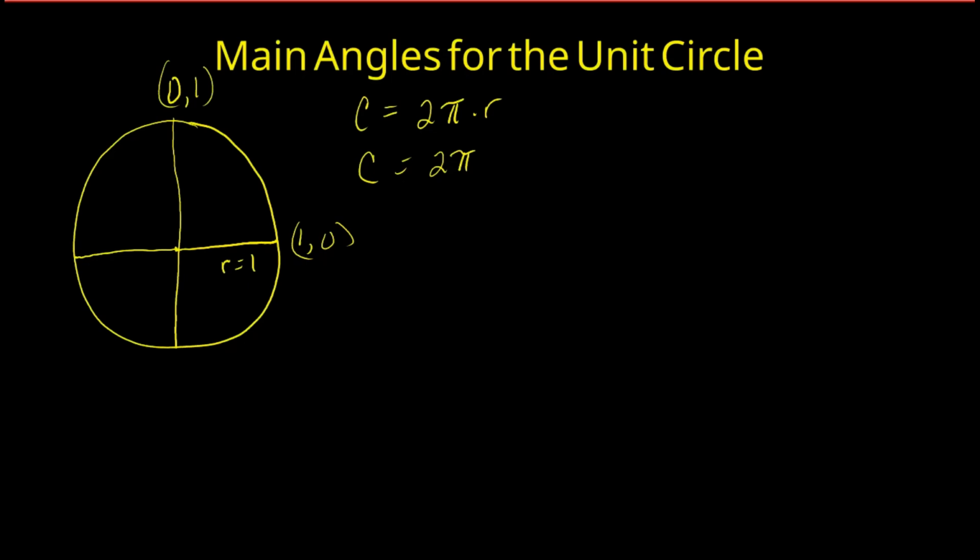All right, so as I start finding a point along this circle here, the y value is always going to be the sine of theta, and the x value is always going to be the cosine of theta. So that's something to remember.